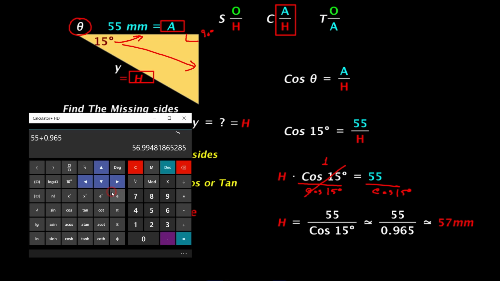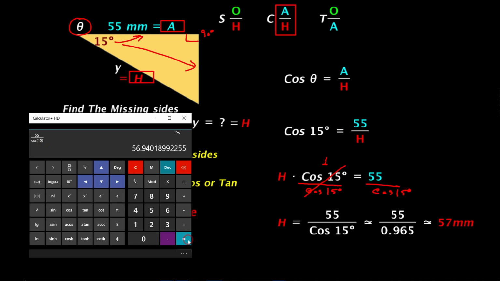Or those who have an advanced calculator that allows you to write fractions, we can use the fraction mode. The top value of the fraction is 55, and the bottom value of the fraction we can type cos of 15. As long as the calculator is in degree mode, the calculator is taking the 15 as a degree, and we can get the final answer in one click. It's 56.94.